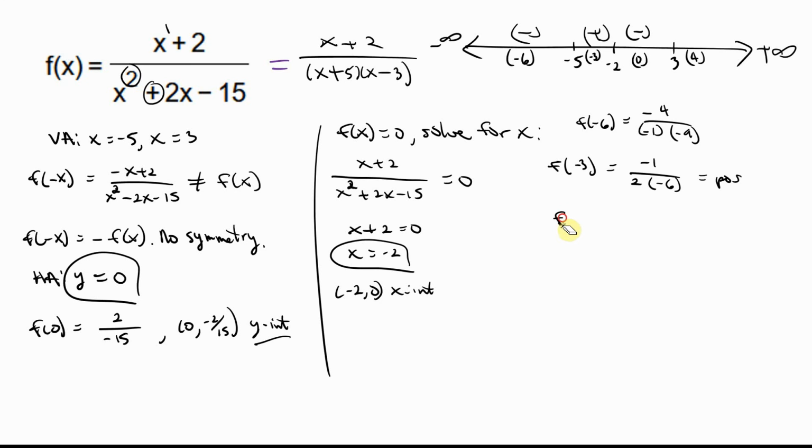And then we test that 4. f of 4 is equal to 4 plus 2 is 6. We get 4 plus 5, we get 10. And then 4 minus 3 is 1. That's positive.